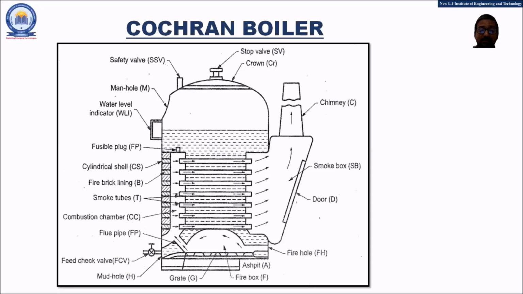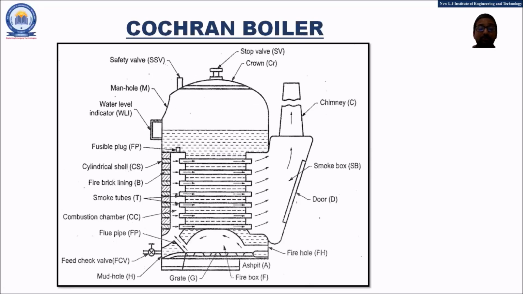For example, the grate, the cylindrical shell, the ash pit, the fire hole, the smoke chamber, the chimney. In the Cochran boiler, considering the design perspective, it has a hemispherical dome, and in this hemispherical dome, the steam generated will be collected.